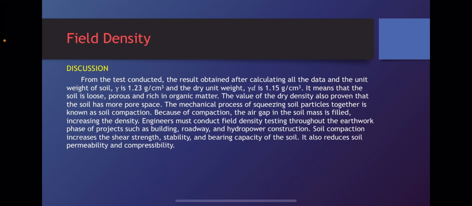Engineers must conduct field density testing throughout the earthwork phase of projects, such as building, roadway, and hydropower construction. Soil compaction increases the shear strength, stability, and bearing capacity of the soil. It also reduces soil permeability and compressibility.